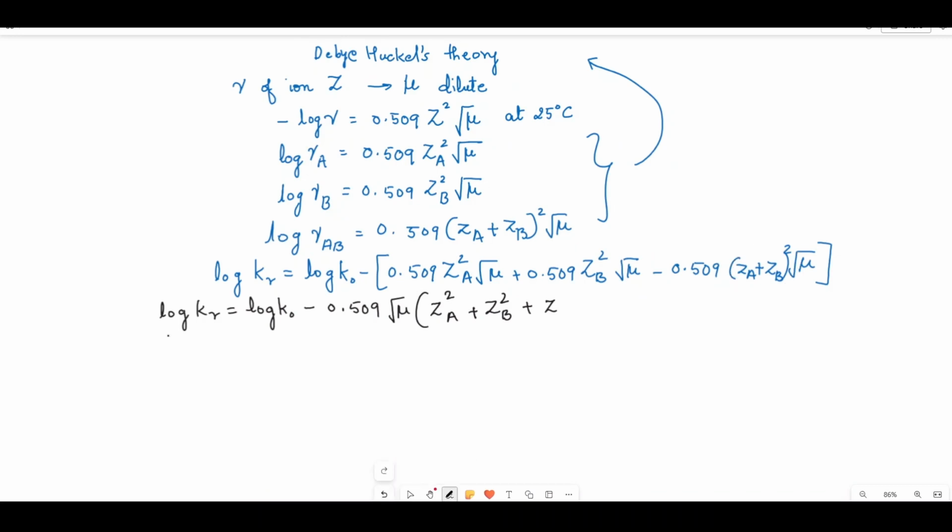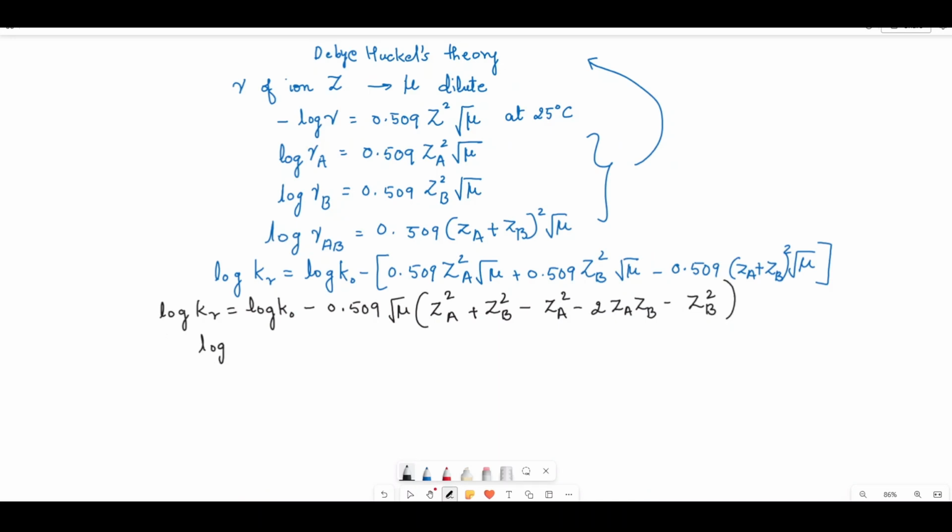That will be ZA square plus 2ZAZB plus ZB square. Since there is a negative symbol outside, it will get multiplied with all of them. And so we will have minus here, minus here, minus here, bracket closed.